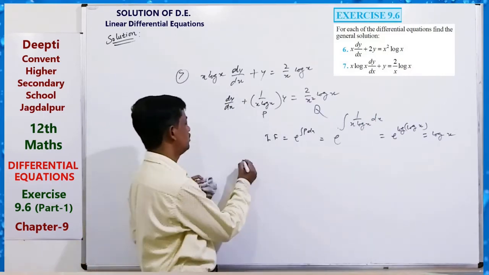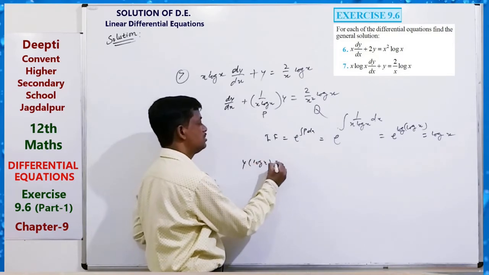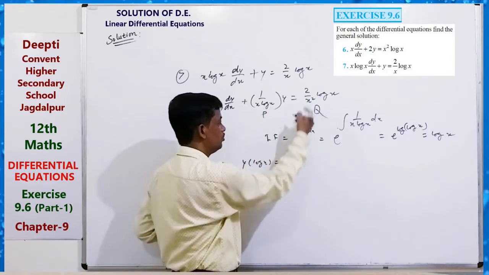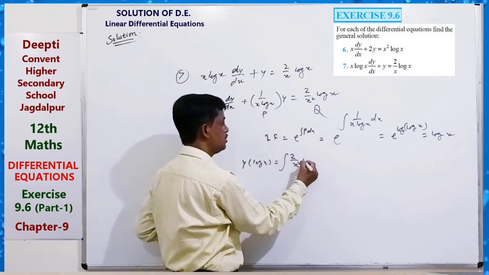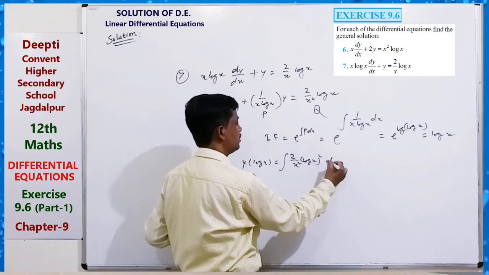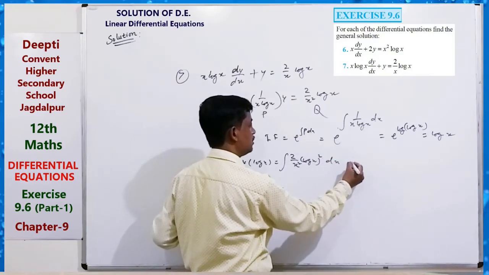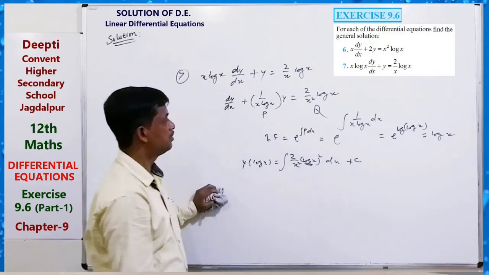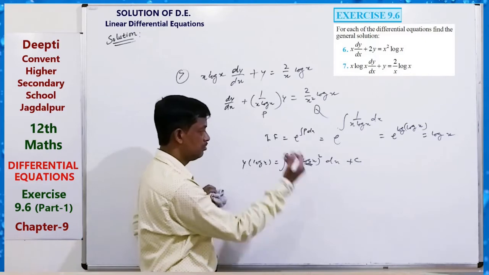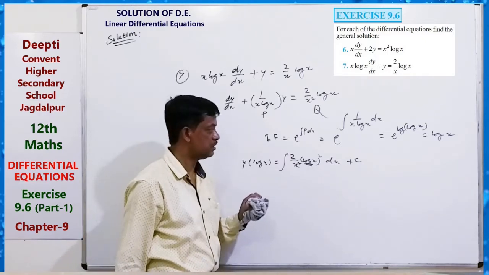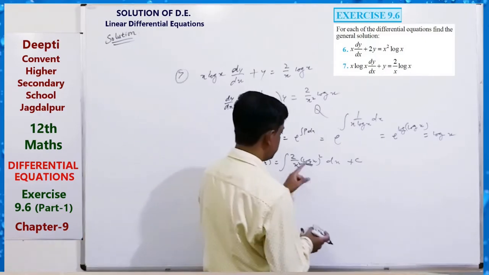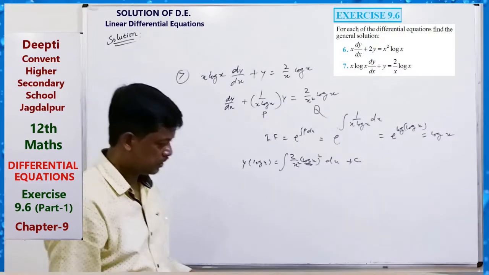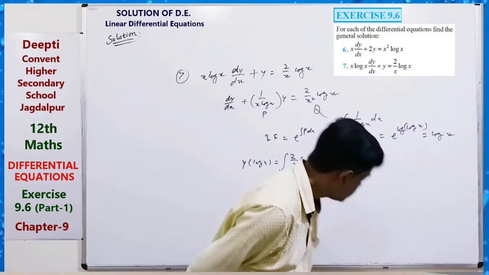And the solution is what? y into log x equals to integration of q, 2 by x square log x, dx plus c. So put log x equals to t, then 1 by x dx equals dt.